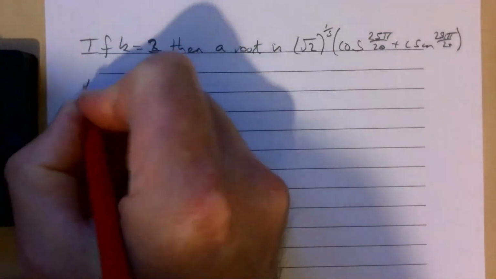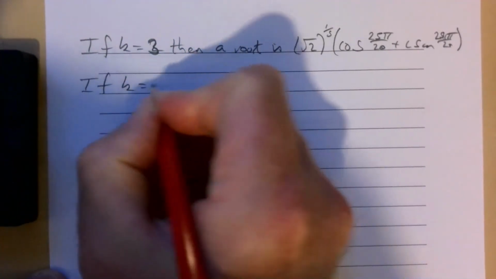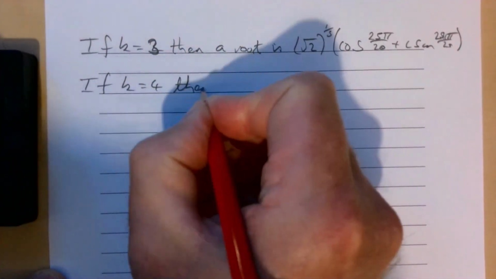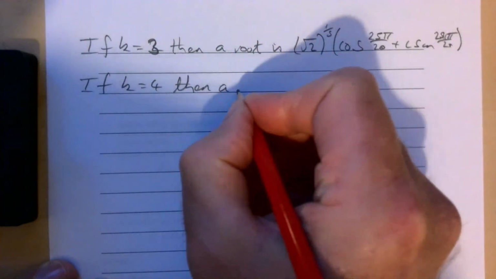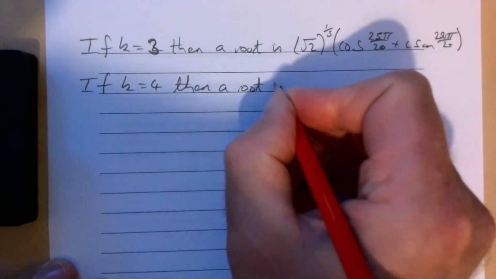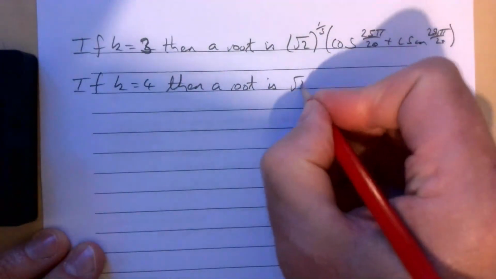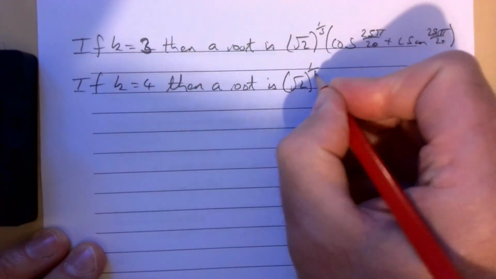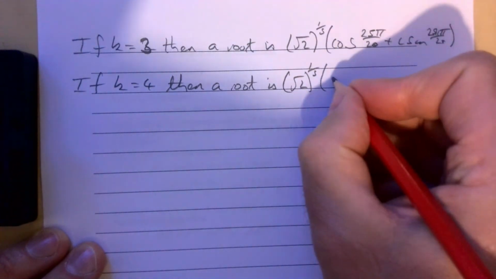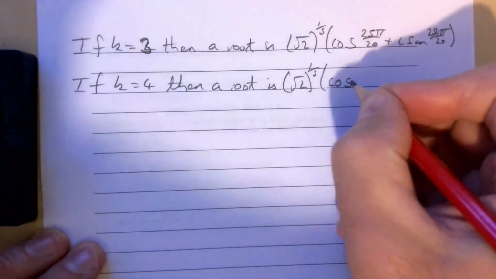And then if k equals 4, then my root is going to be root 2 to the power of a fifth cos.